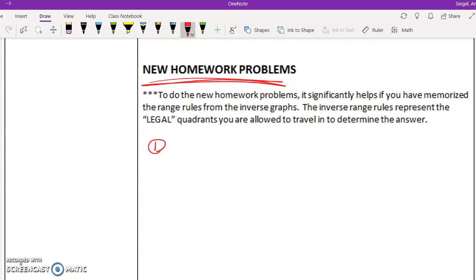I want to think about the domain and range of each of them. So go back and look and think about which quadrants, given the, I'm sorry, I said that wrong. Given the range, which quadrants are those going to be in?